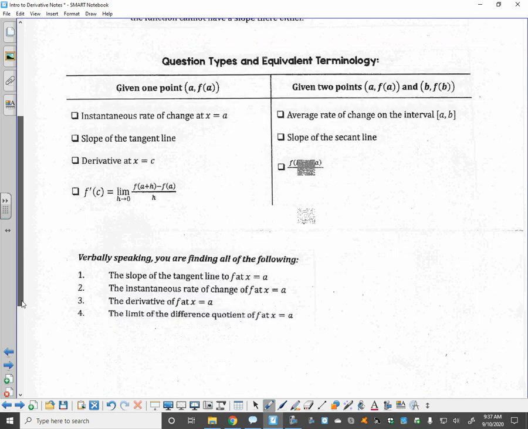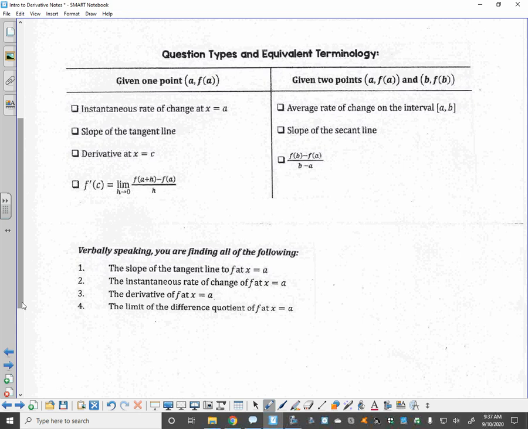Okay, let's look at this. Given one point, we can find the instantaneous rate of change now. We can find IROC at x equals a. It is the slope of the tangent line at that particular point, which is the derivative. And then we've learned the definition of a derivative, and here they've just used a's instead of x's. If you're given 2 points, you can find the average rate of change, the AROC.